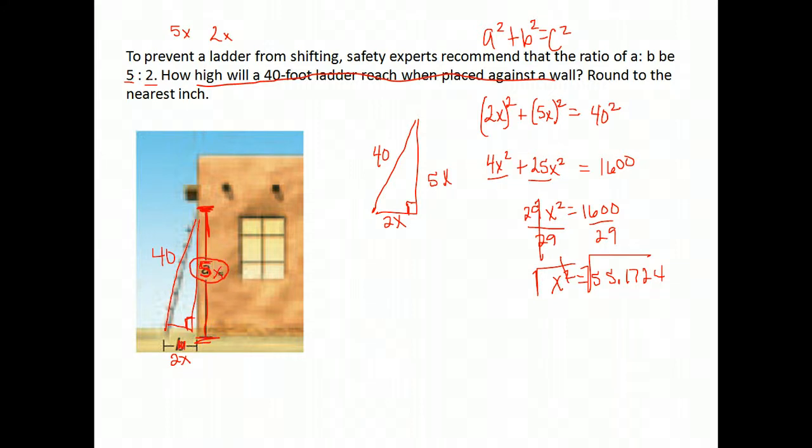Now remember, this was our 5x. So we want to know this length. Just leave this number in your calculator. We had about 7.4278, but again, just leave that number in your calculator, and we're going to take it times 5.